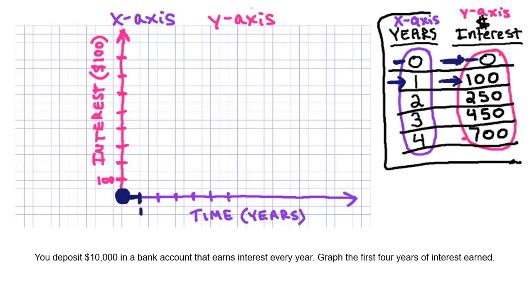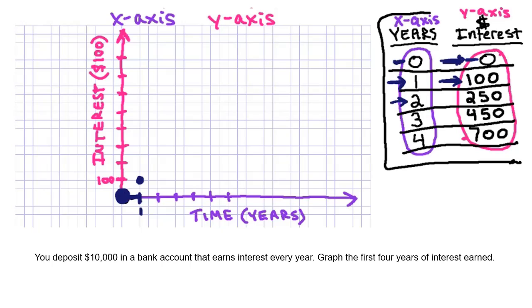When we graph this, we're going to count over from 0 to the right 1 year, and then we're going to count up to the $100, and that's where we're going to make our dot. So now we have 2 dots. We have a dot at the 0 mark, and we have a dot at the $100 mark. 1 year and $100.